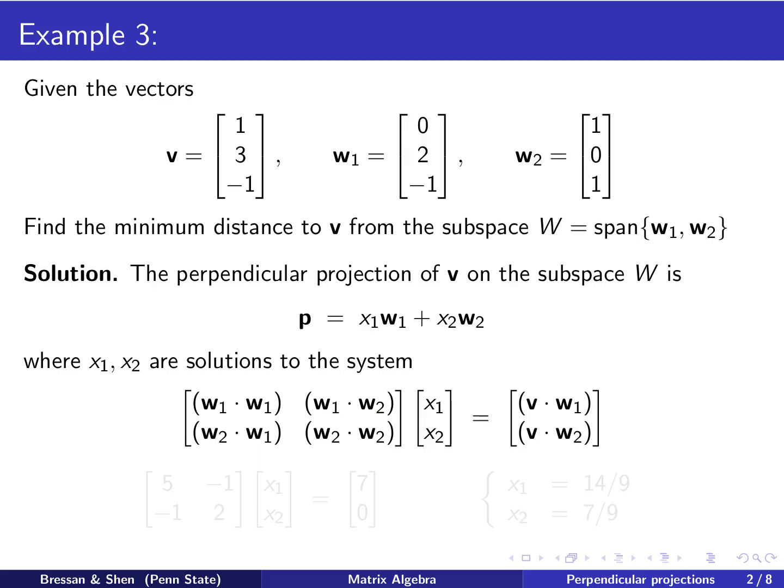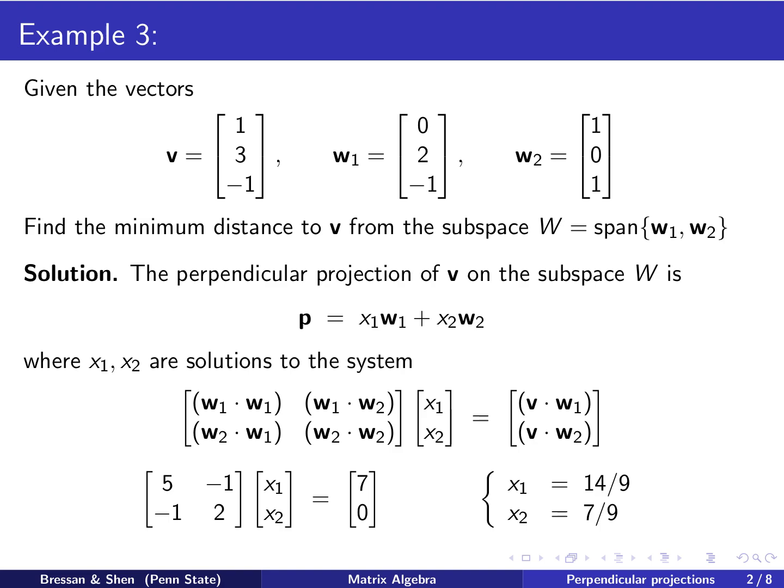The right hand side is the inner product of V with the corresponding basis vectors of the space, W1 and W2. Then it remains to work out these inner products. To find A, we need to compute 3 inner products, since two of them are the same. So this coefficient matrix is always symmetric. And to find B, we need to calculate 2 inner products.